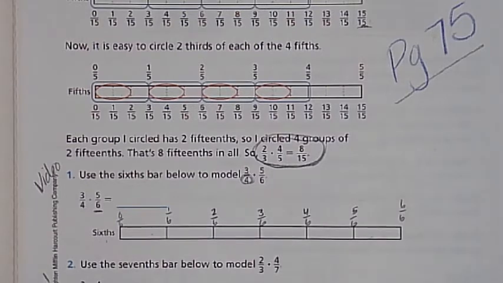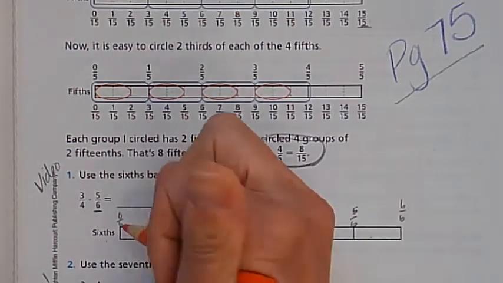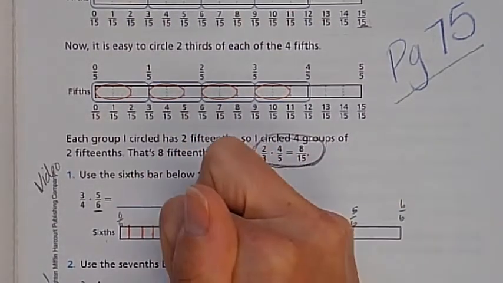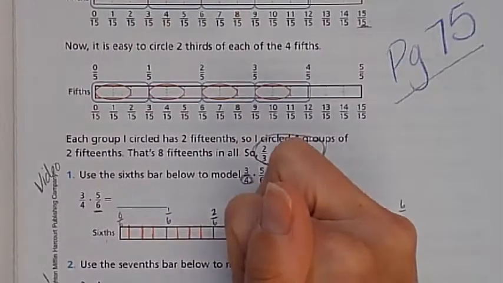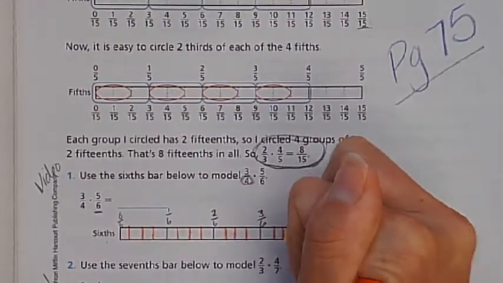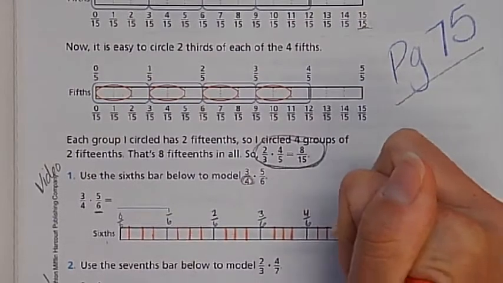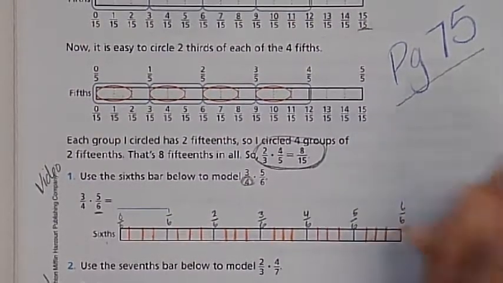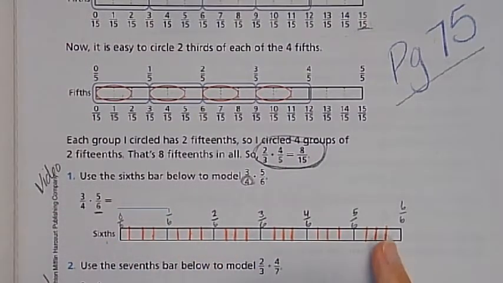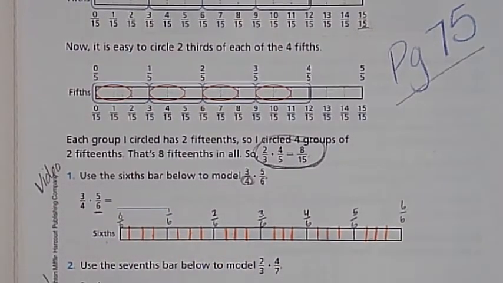So I'm going to take a different color and now I'm going to split each one of these bars into 4 pieces. So here's 1, 2, 3, 4. Here's 1, 2, 3, 4, 1, 2, 3, 4, 1, 2, 3, 4, 1, 2, 3, 4, 1, 2, 3, 4. So now each of those 6 are cut into fourths because we're looking for 3/4.